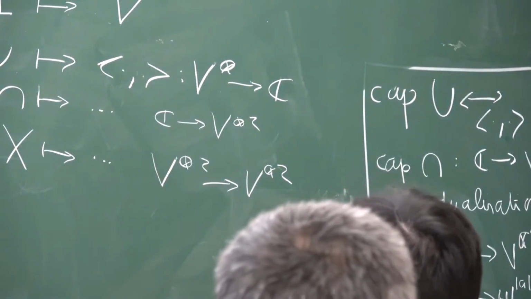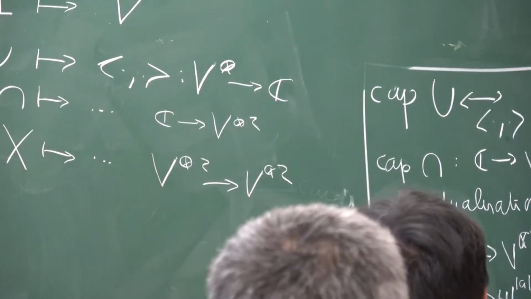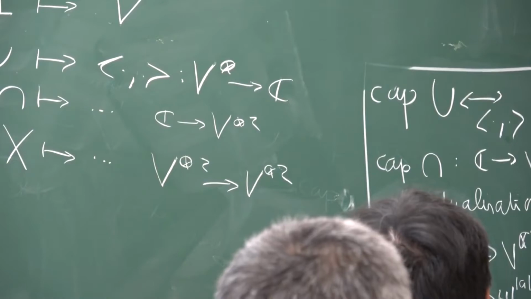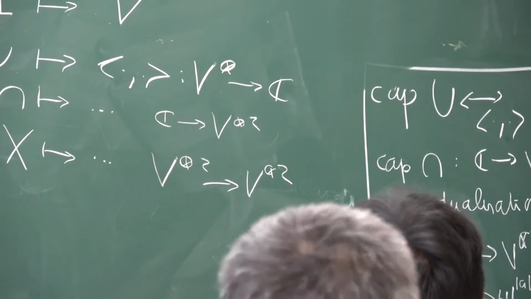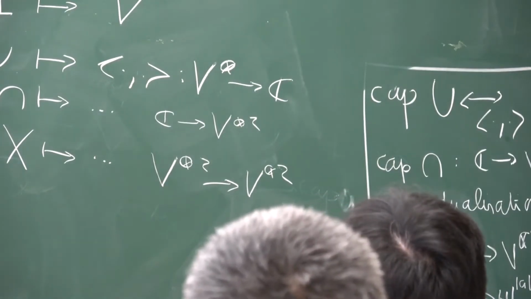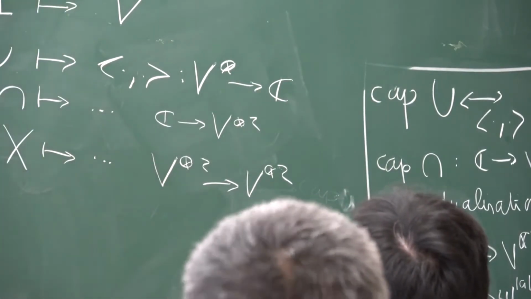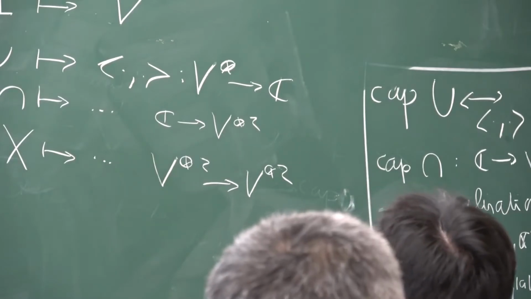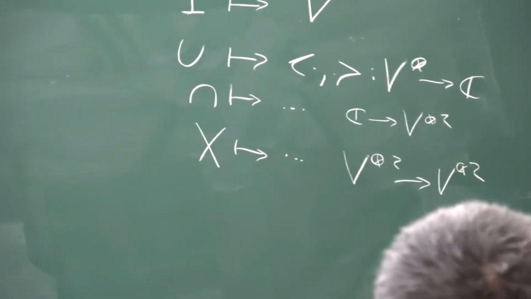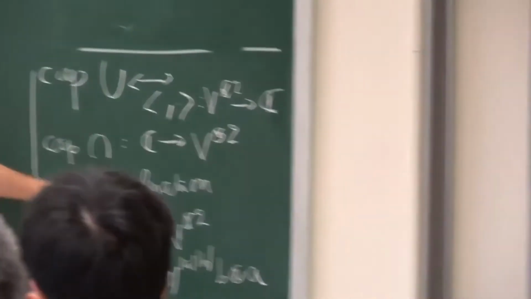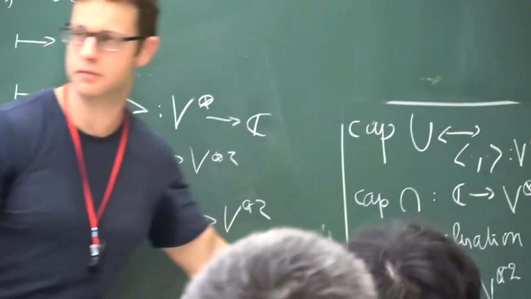So it is a unique tensor functor with these properties. I hope it's clear. I didn't specify which morphisms because they're the ones that I tried to describe earlier on.